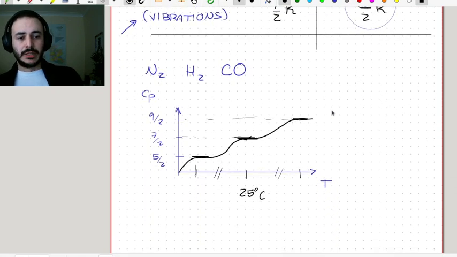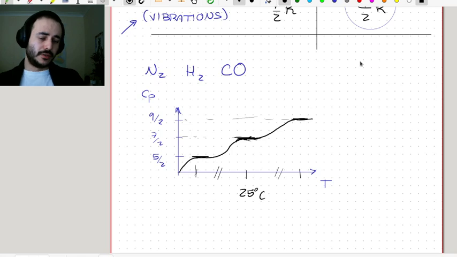So the story will be like this: you are at room temperature, so the thermal energy that your system is getting from the environment at this temperature is enough to excite the motional degrees of freedom. So the particle moves as a whole, the center of mass moves around, it's not frozen, and also it rotates as a rigid rotor.